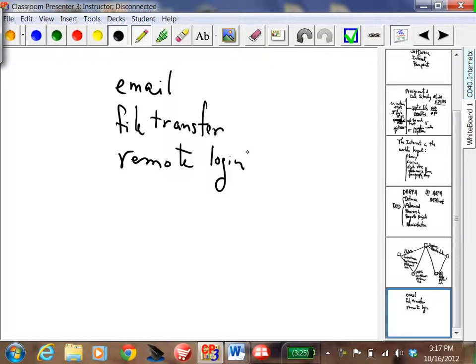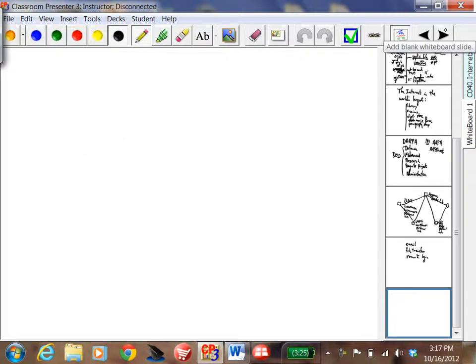That is, a researcher at Lawrence Livermore could log in to the computer at Argonne. And so these were the three applications that drove this ARPANET originally. So this ARPANET was the beginning of the internet. And so the internet basically started with ARPANET.